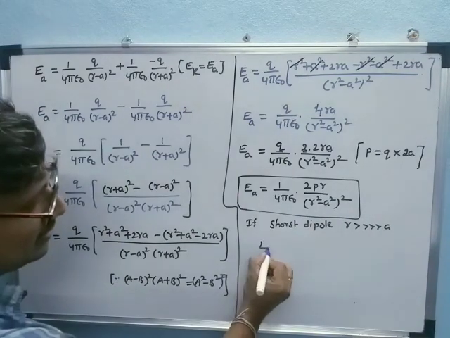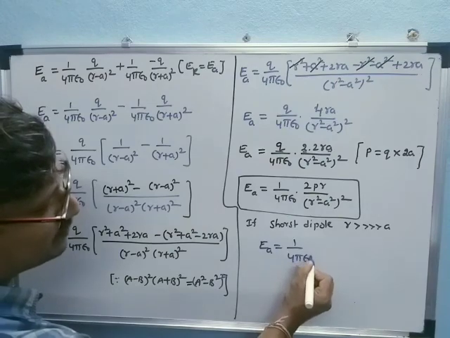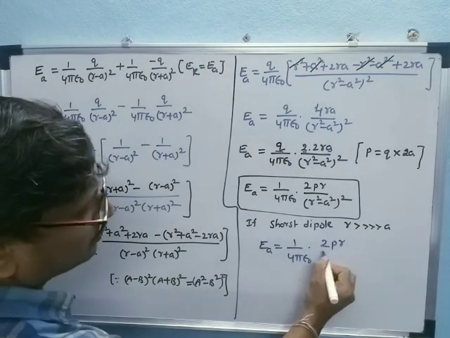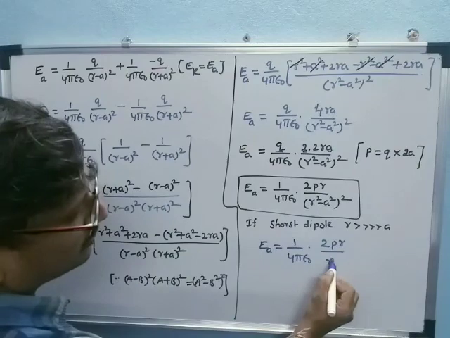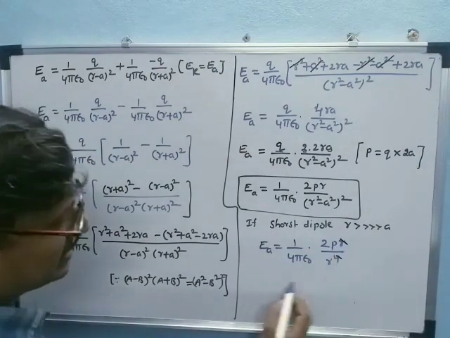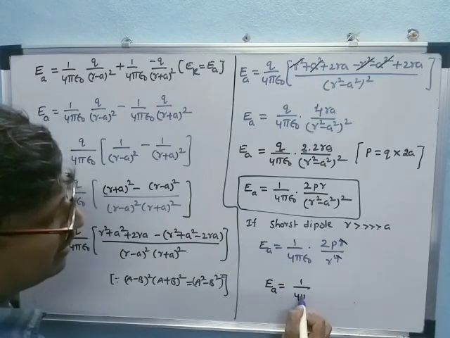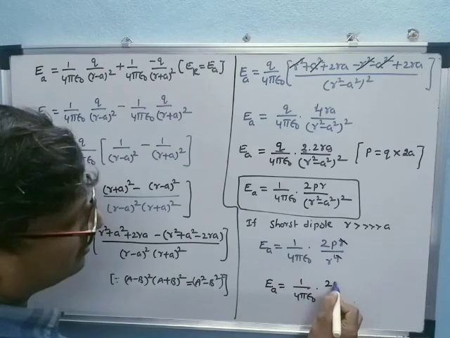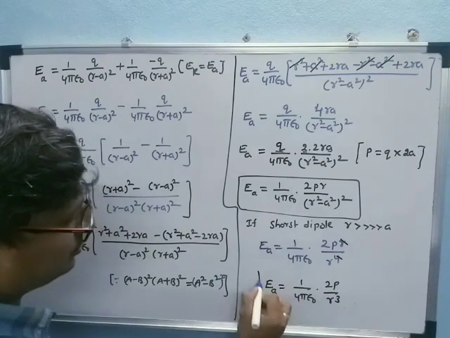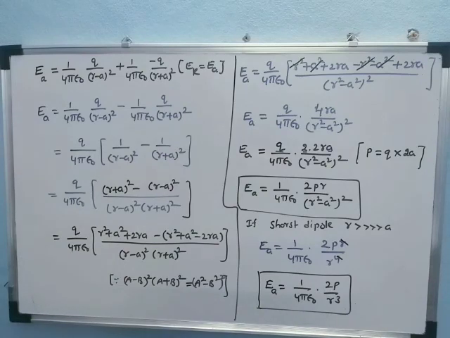Then we can write this axial line E_A is equal to 1 by 4 pi epsilon naught 2P into R by R square whole square, that is R to the 4. Now here one R square will be cancelled. The axial line E_A is equal to 1 by 4 pi epsilon naught 2P by R cube. This is how we get the intensity of electric field at a point on the axial line.